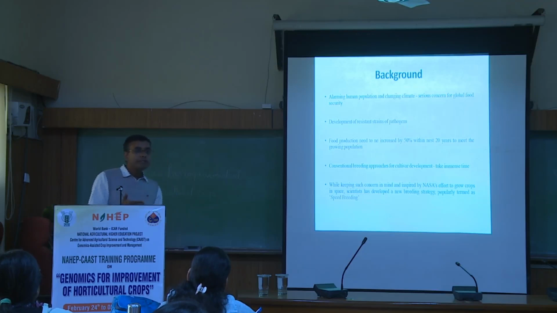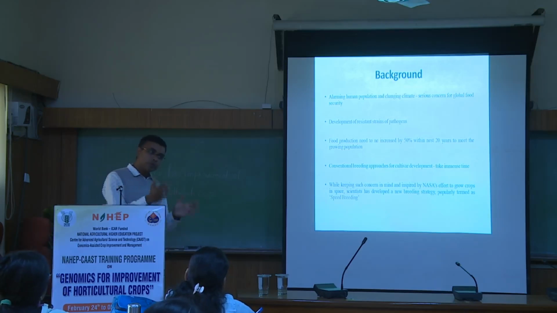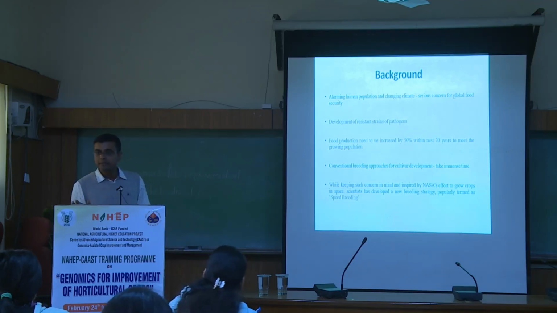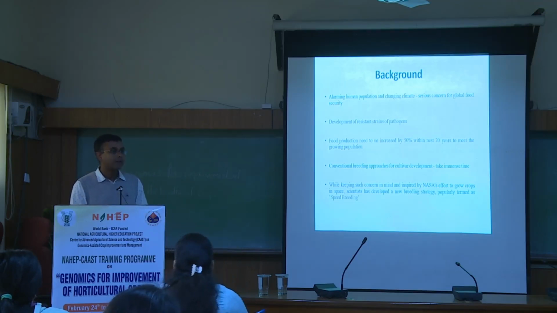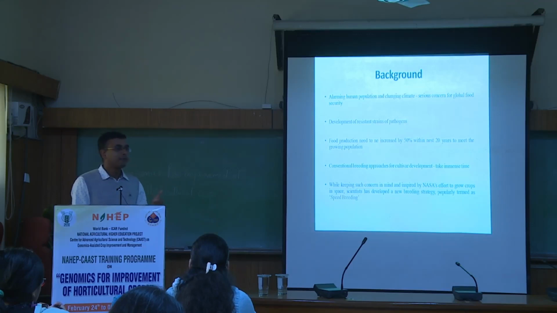But if we go for conventional breeding, how much time will it take? Even in vegetable crops, at least 4 to 5 years. But our challenge is, can we do it within 2 years? Can we do it within 1 year? That is the main thing in speed breeding. So speed breeding is such a technology that we can improve or develop an end product within a very, very short period of time, which we have never thought of earlier.